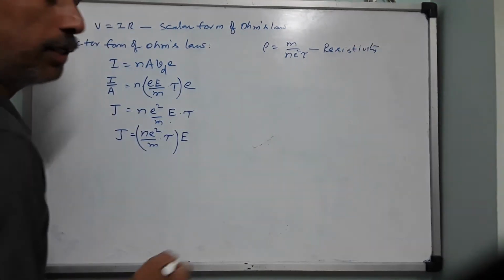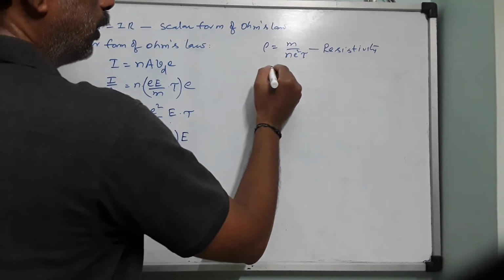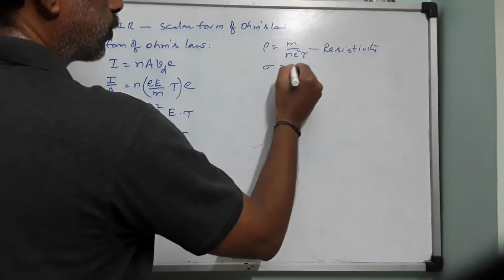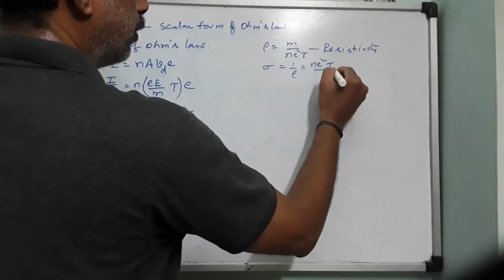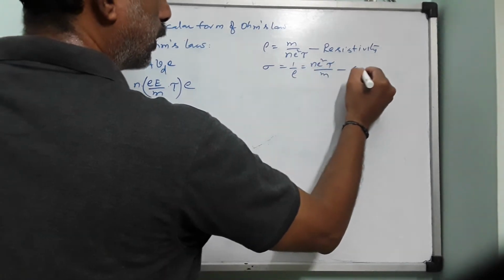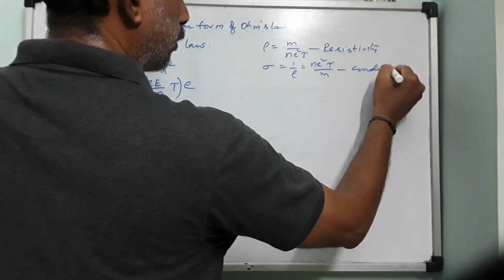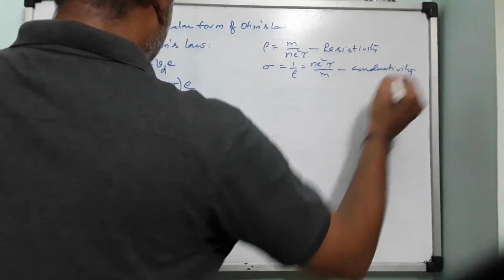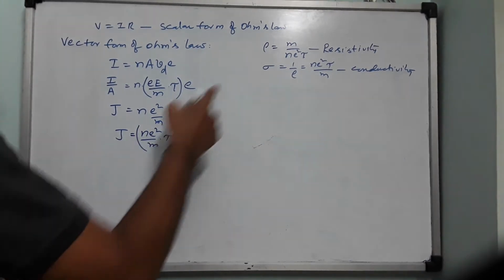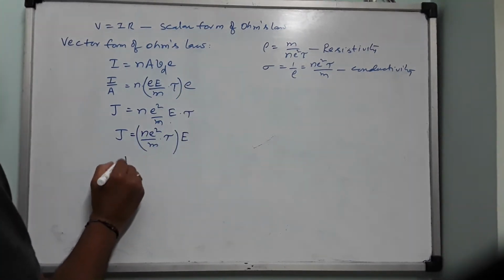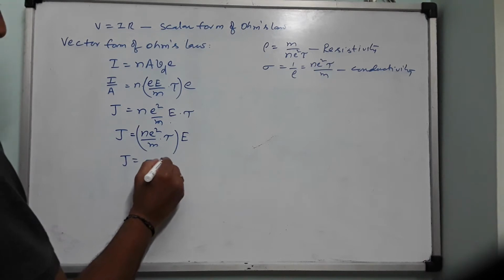Reciprocal of resistivity is nothing but conductivity. So conductivity sigma equals 1 by rho equals N e square tau divided by m. Right. So now in the place of N e square by m into tau, I can write sigma. So J equals sigma into E.